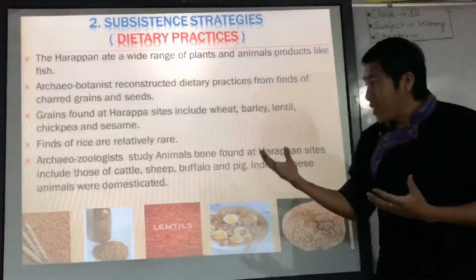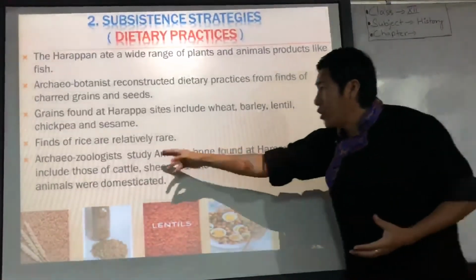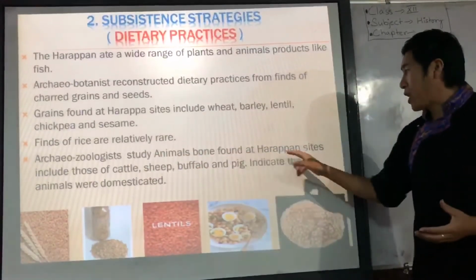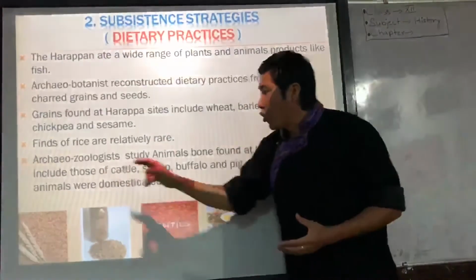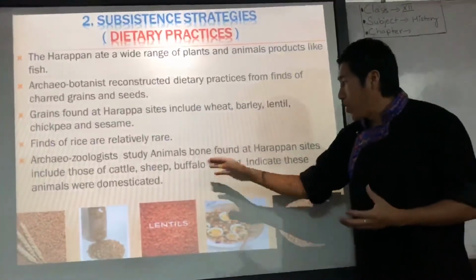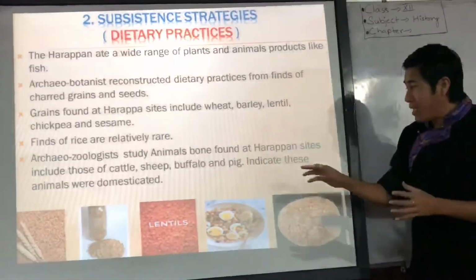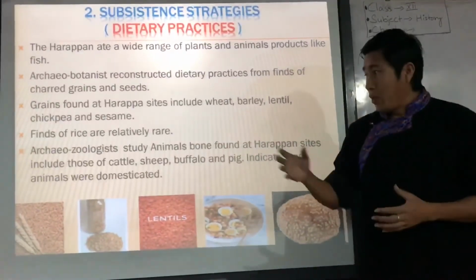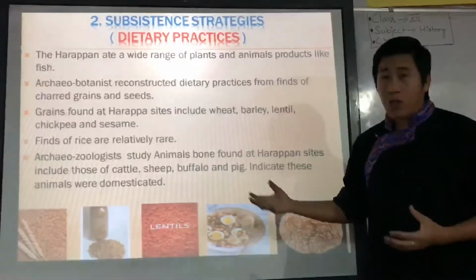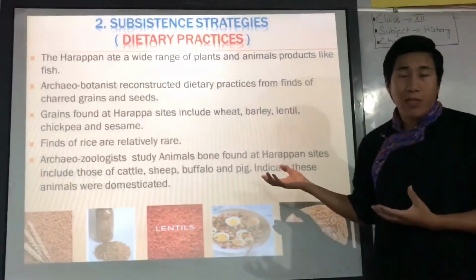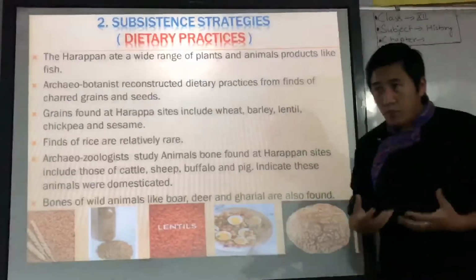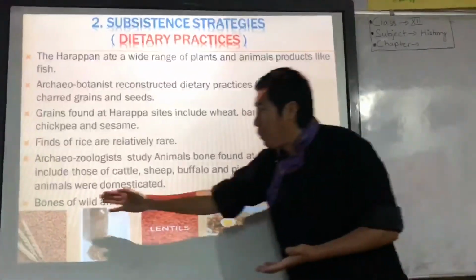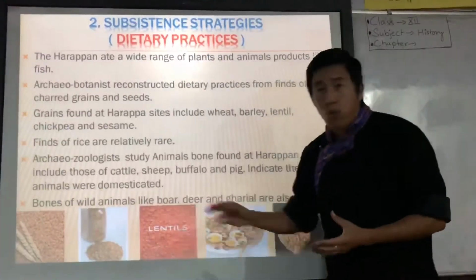From their study, they study animal bones found at Harappan sites, including those of cattle, sheep, buffalo and pig, right? They indicate that these animals were domesticated. Domesticated, and at the same time we also consumed the meat of these animals. They also give us information about the bones of wild animals like boar.